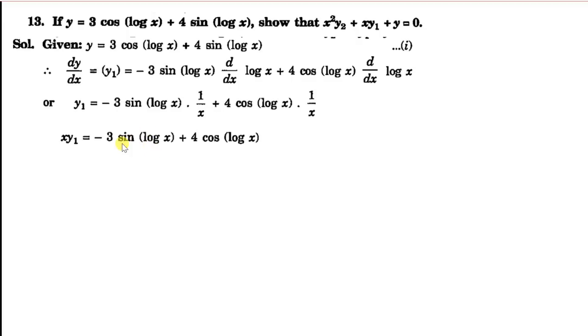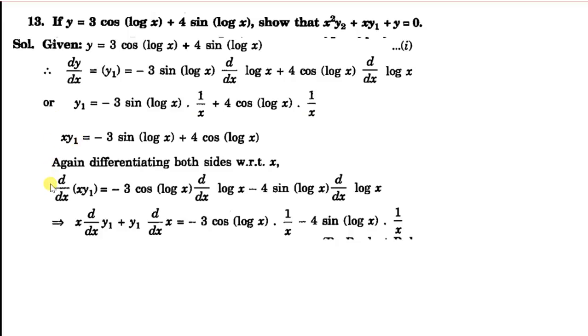Now again differentiate it with respect to x. On the left side we use the product rule. So we get x multiplied by derivative of y1 plus y1 multiplied by derivative of x. And here the derivative of sine is cos, then multiplied with the derivative of log x, that is 1 by x.